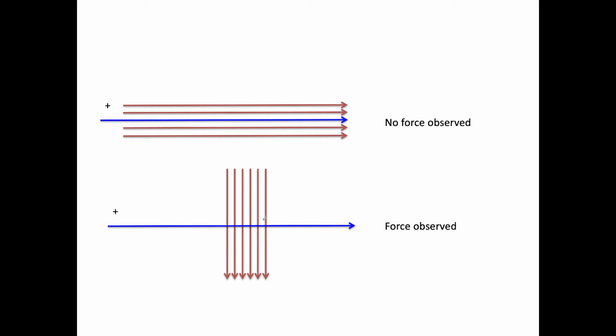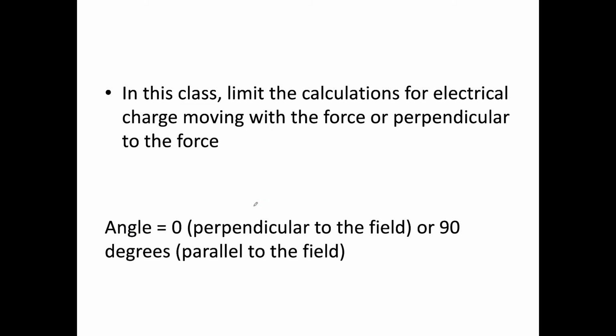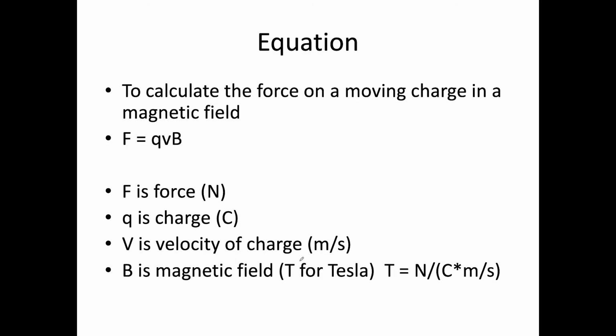If it's perpendicular, it's going to feel the full force of the reaction, and you're going to have the highest force on the particle. So if the angle is 90 degrees, it's perpendicular to the field, which is what we want. If it's parallel to the field, cosine of 90 is 0. So guess what? That's the two types of situations.